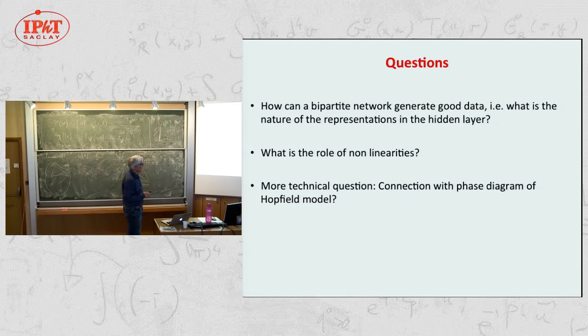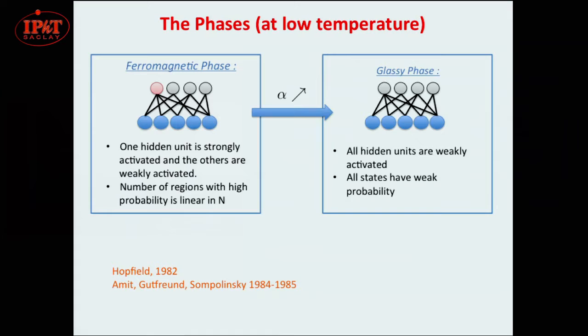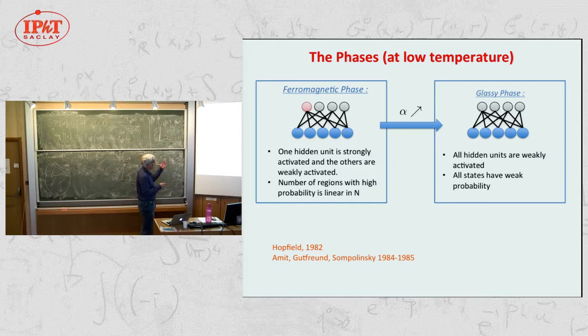Okay. So essentially, if I want to summarize, the phase diagram found by Amit, Gutfreund and Sompolinsky can be summarized, or let's say just rewritten, in the context of RBM. The fact that at very low temperature, you have two phases, either ferromagnetic phase, where if you sample from this machine, you will have configurations V's which match very closely one particular set of weights.